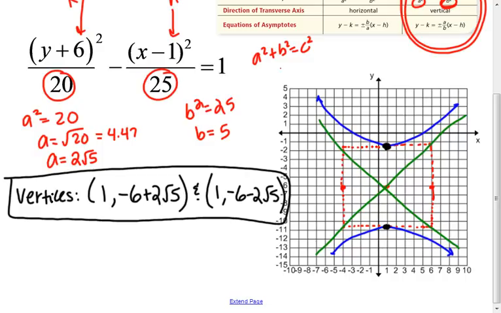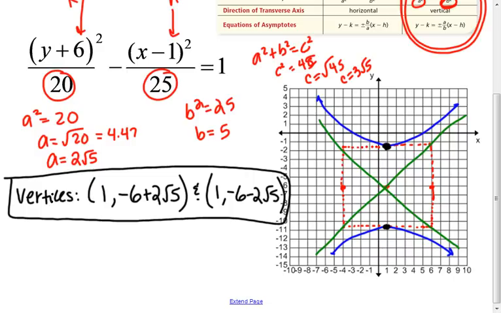So c squared: a squared is 20, b squared is 25, so 20 plus 25 is 45. So c is the square root of 45, which of course we know is 9 times 5, so 3 root 5. Okay, so c is 3 root 5.